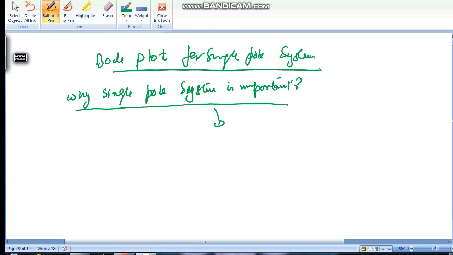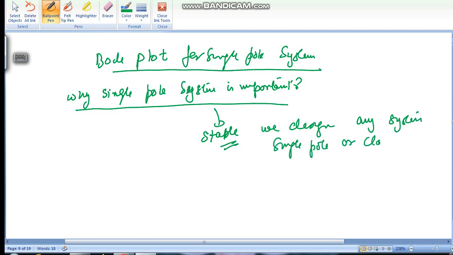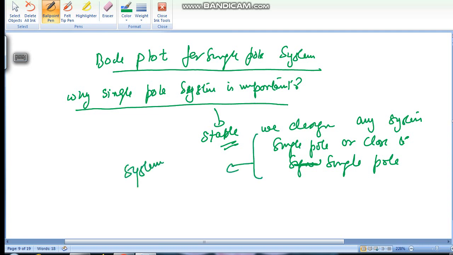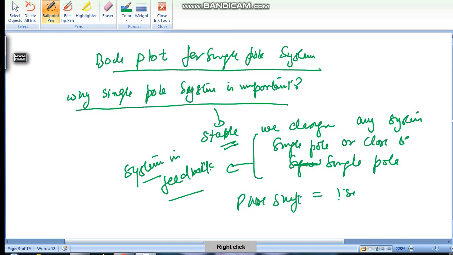So here, because this system is stable, that's why we design any system single pole or close to single pole, because if we are designing any system in feedback, we want our system to be of a single pole because it gives a phase shift of, oh sorry, not 180, it gives a phase shift of 90 degrees.